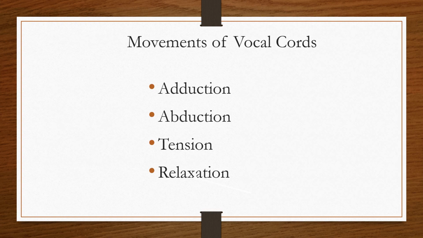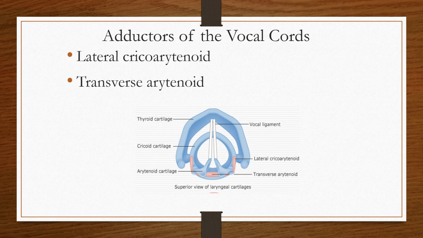The movements of vocal cords are adduction, bringing the cords together; abduction; tension of the vocal cords, which is usually done during phonation; and relaxation. Now the adductors of the vocal cords are the lateral cricoarytenoid and the transverse arytenoid.